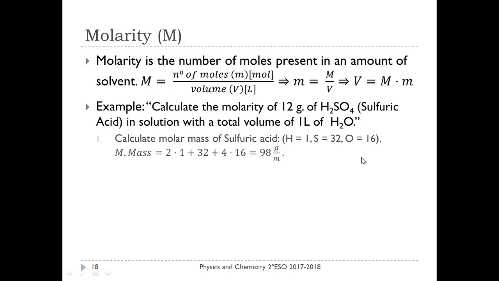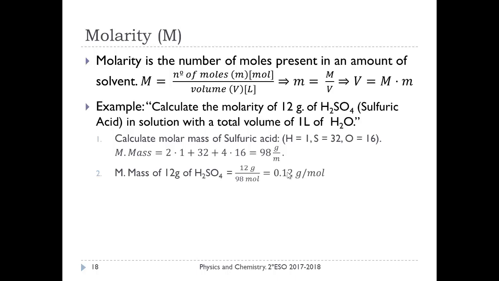These are measured in UMA, which is unidad de masa atómica. So the molar mass is going to be the sum of them. We have 2 atoms of hydrogen, so 2 times 1, plus 1 of sulfur, which is 32, plus 4 atoms of oxygen, times 16, which is approximately 98 grams per mole.